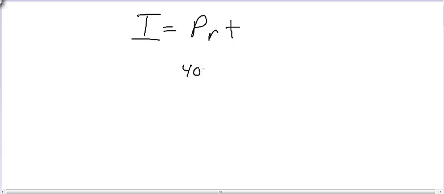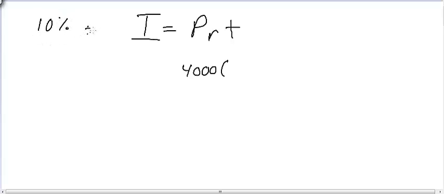Principal was 4,000. Rate was 10%. Now in questions like this, we want our percentages to be entered in as decimals. You never put the percentage itself in this kind of problem. It will throw off your answers tremendously.